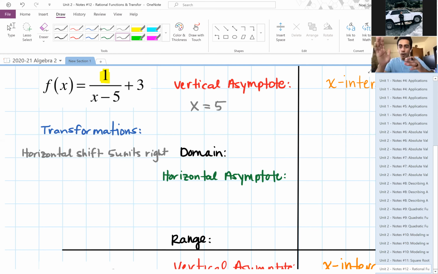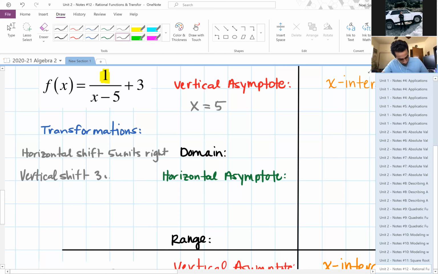But if I go from 1 to 1, nothing happened. So what other transformation is taking place? We would have a vertical shift instead. Just a reminder, the vertical shift should be described last. Vertical shift, 3 units up.